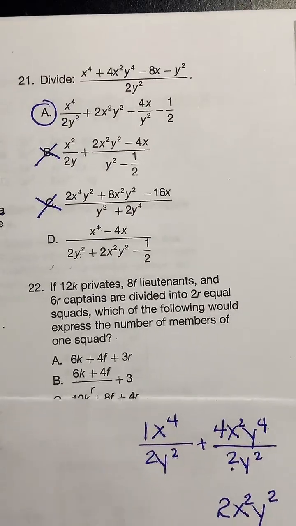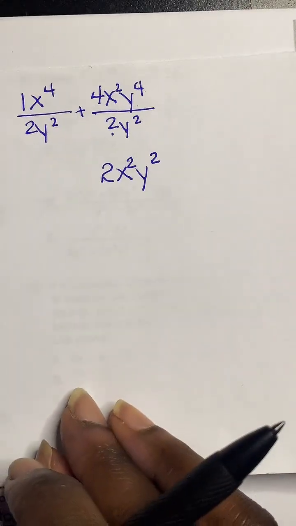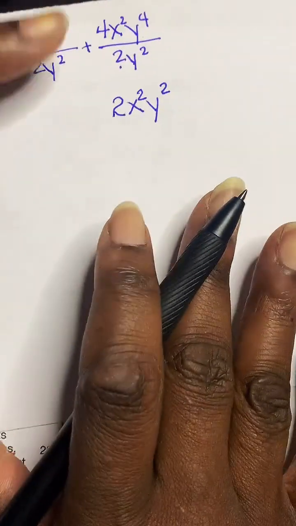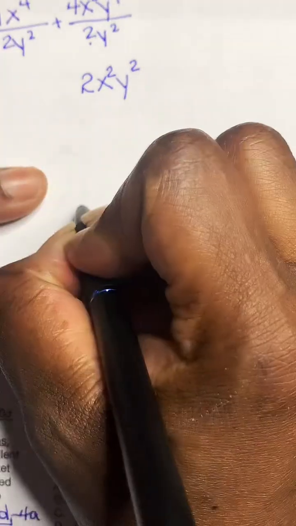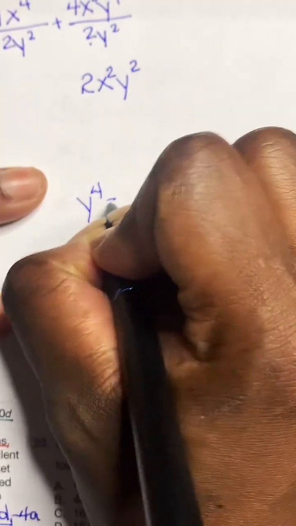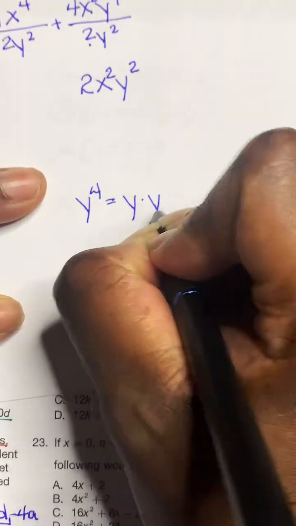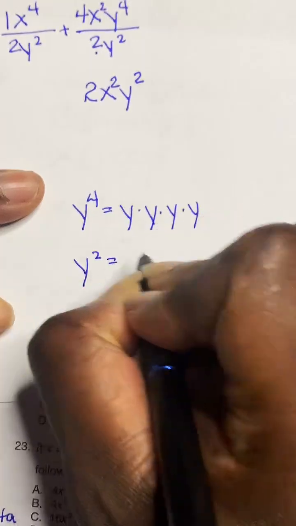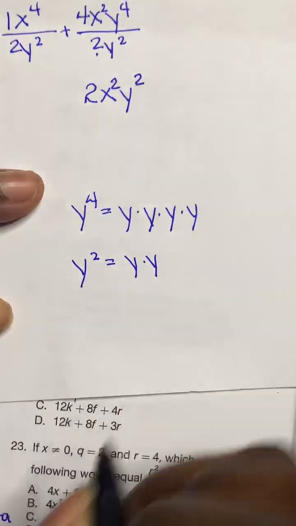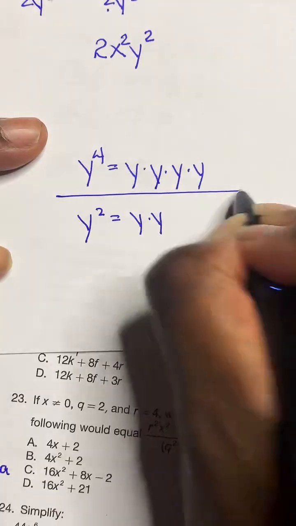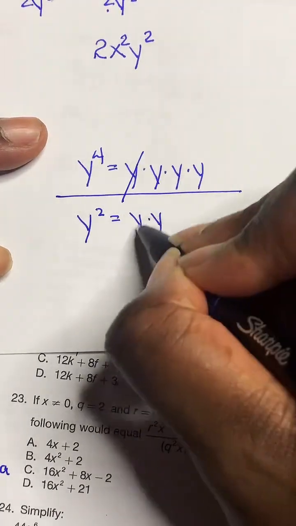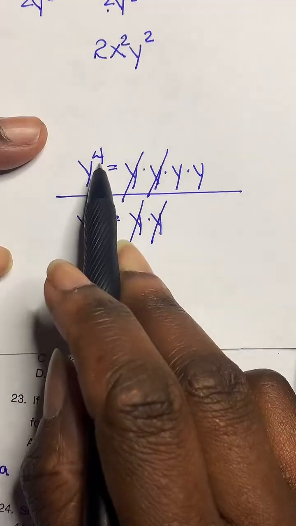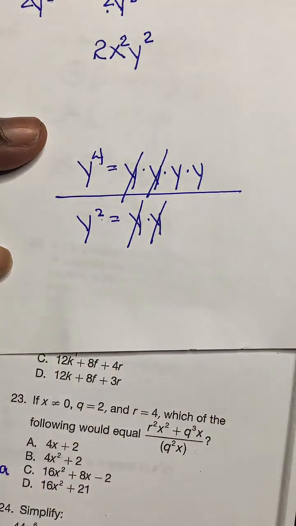What happened to the y in front of the 2? When you have y to the 4th, let me put it down here real quick. y to the 4th is the same as saying y times y times y times y. When you have y to the 2nd, that's y times y. If I'm dividing these, they cancel out, because 4 minus 2 gives me 2.